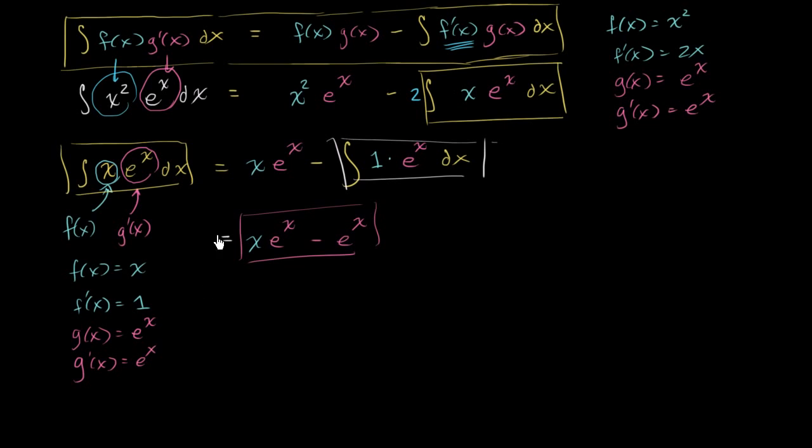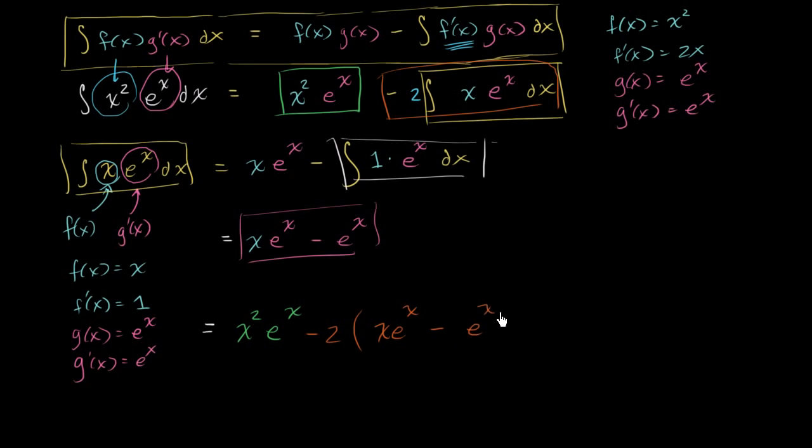So the antiderivative of our original expression, we're getting really close, is going to be equal to, and I'm going to use different colors so we can keep track of things, x squared times e to the x minus 2 times all of this business. So minus 2 times, well, this antiderivative we just figured out is this: x e to the x minus e to the x.